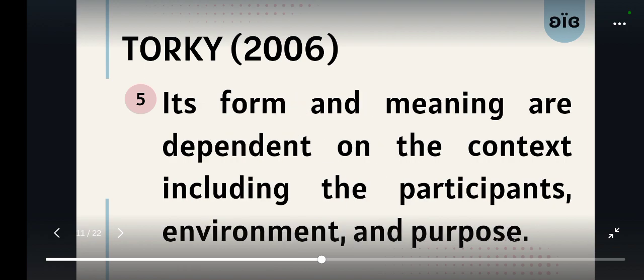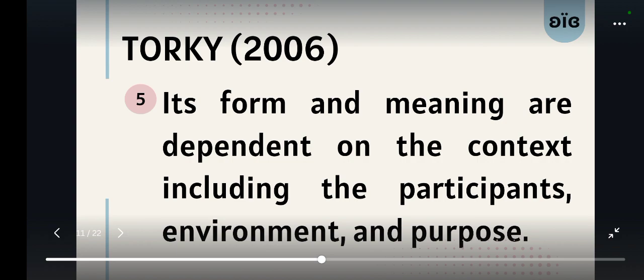Next, also according to Turkey, it is a form and meaning wherein it is dependent on the context, including the participants, environment, and purpose. Of course, similar to my explanation before, teaching speaking to students is very important. A very clear example of this is that a student or anyone shouldn't only speak and speak, they should know when to speak and to whom to speak in a very respectful manner.